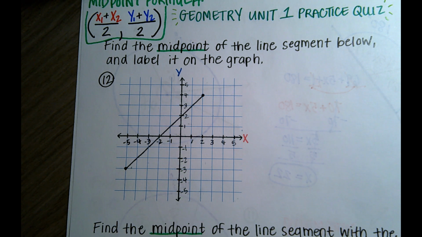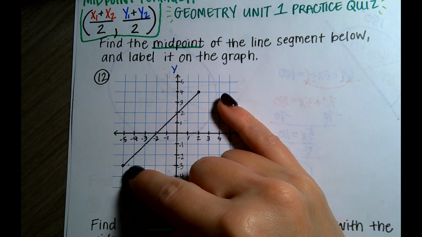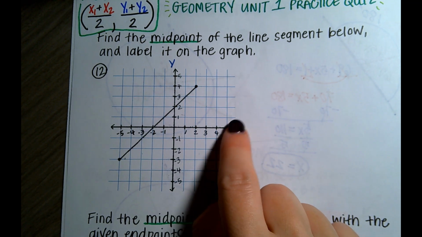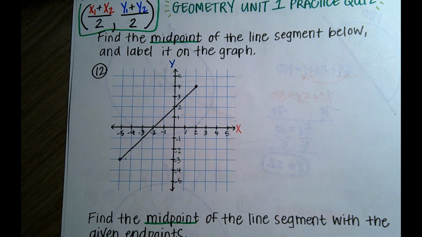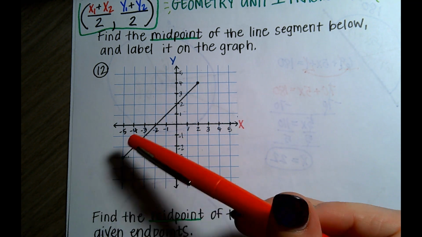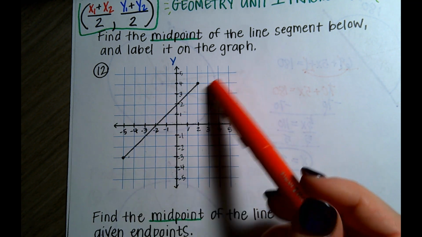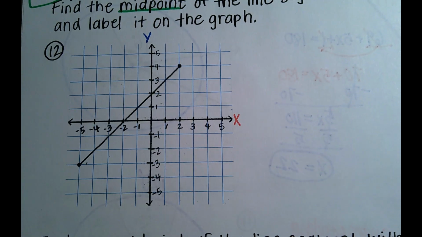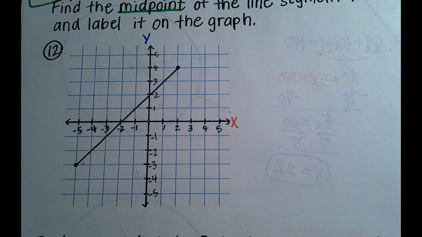Now, for number 12, this time I gave you a graph. I did not give you the coordinates themselves. So we actually need to name these points first. It doesn't matter which one is your first point or which one is your second, but we do need to make sure we have our X and our Y in the correct spot.